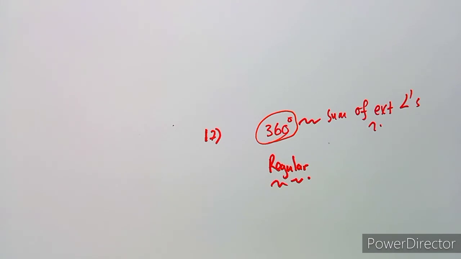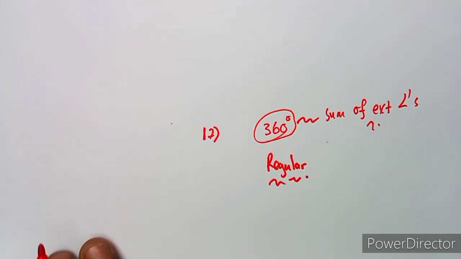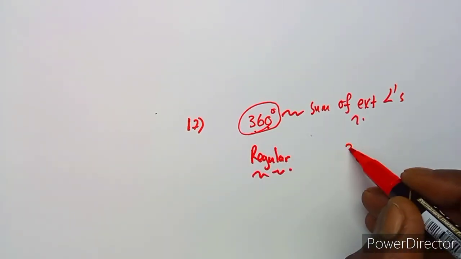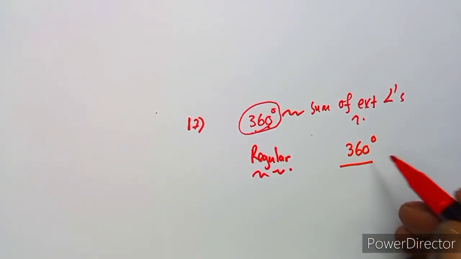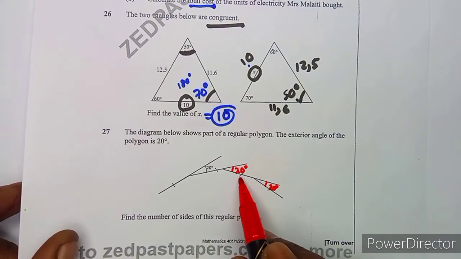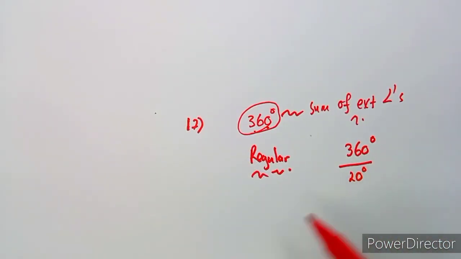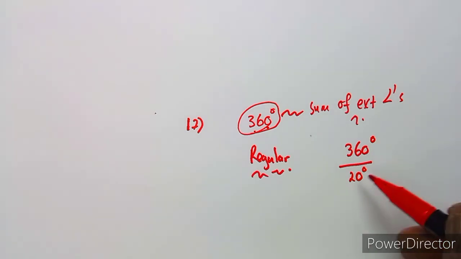So how now am I going to know the number of sides? I'm just going to calculate the number of angles which gave me 360. Each angle outside is equal to what? Each angle outside is equal to 20 degrees. So just divide by what? By 20, so that you can have the number of exterior angles that you added together.